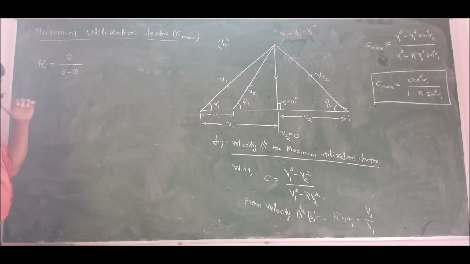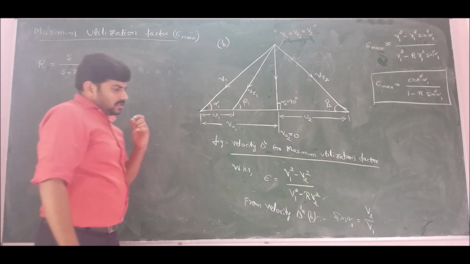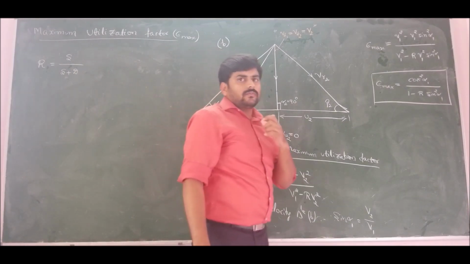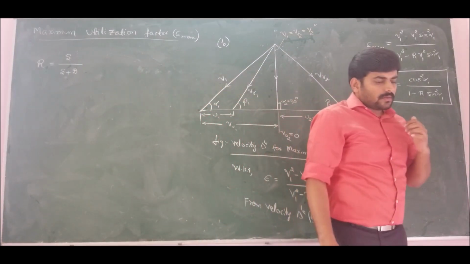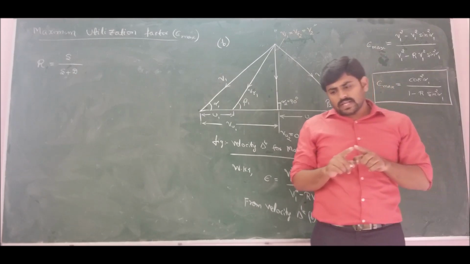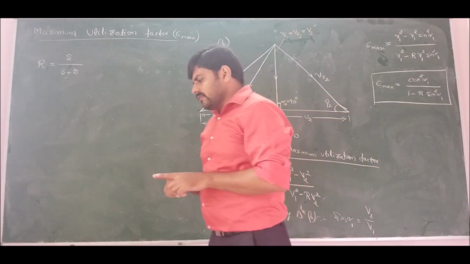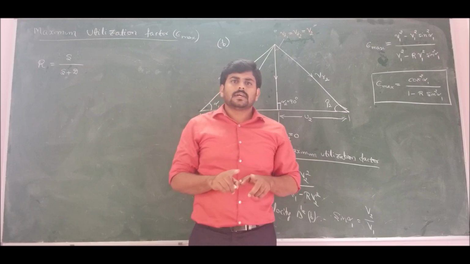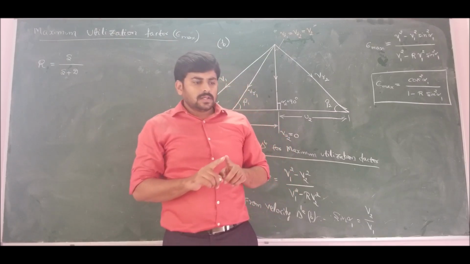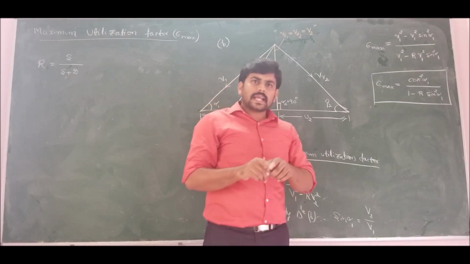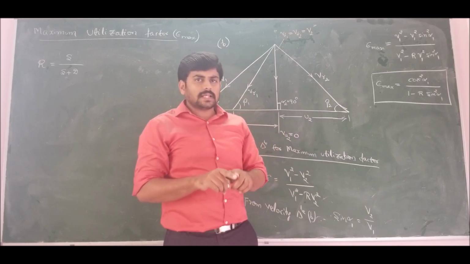So in case of impulse turbine, if you observe, there will not be any pressure drop when fluid moves over the blade surface. If there is no pressure drop occurring when the fluid moves over the blade surface, there will not be any change in enthalpy. The static component of energy transfer takes place through the rotor as well as across the rotor.